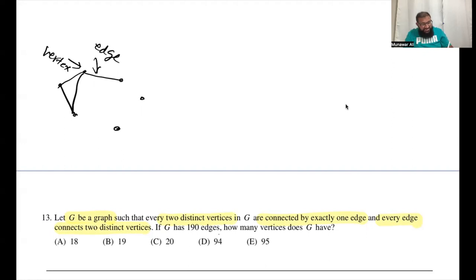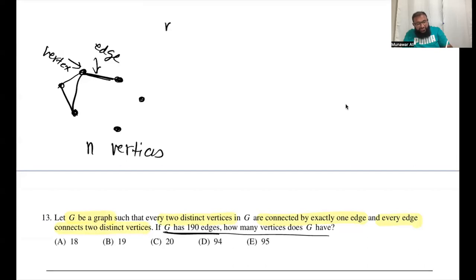So it has 190 edges. How many vertices does G have? Okay, so if I have n vertices, it means these are n points in total. Then I am joining any 2 points by an edge. So how many edges do I have in total? There is a formula for that.